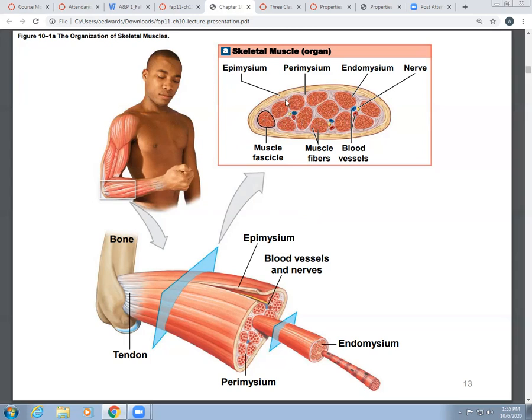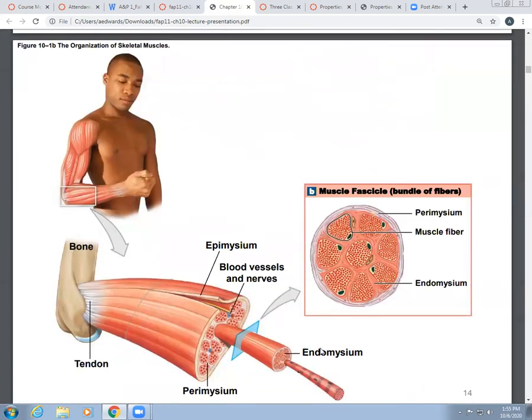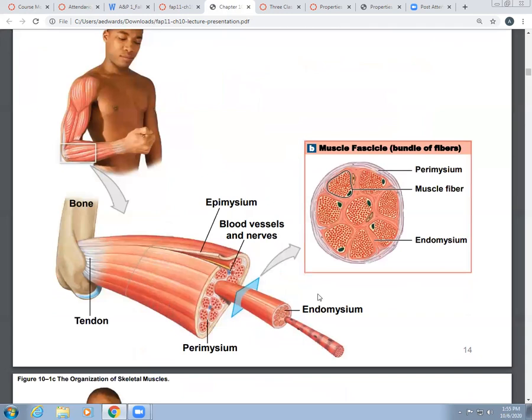But each collection is a bundle. Okay, each collection is a fascicle. And those fascicles are surrounded by your paramysium. Now, inside each fascicle, you have fibers that are surrounded by endomysium, which we'll see soon.